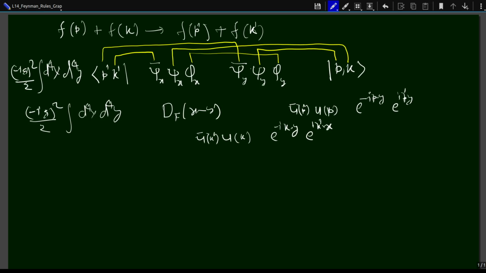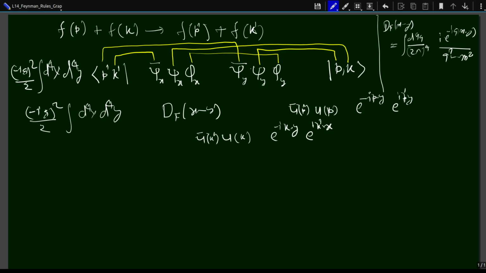Additionally, what we have is my Df of x minus y would be d4q, let's just call it, by 2 pi 4, i exponential minus i q (x minus y) divided by q square minus m square, okay, where m is the mass of the scalar.